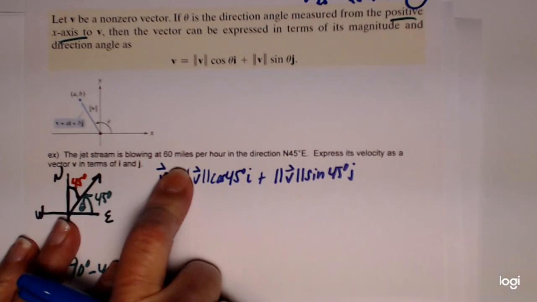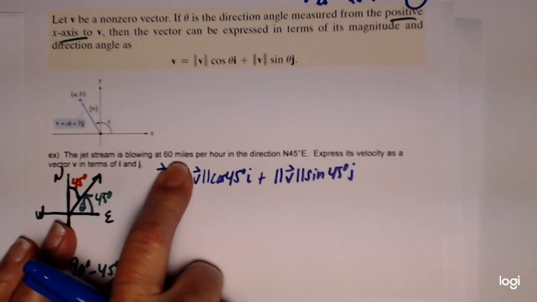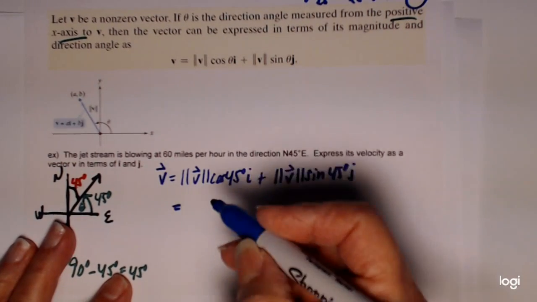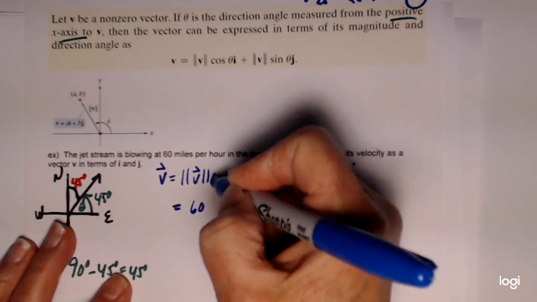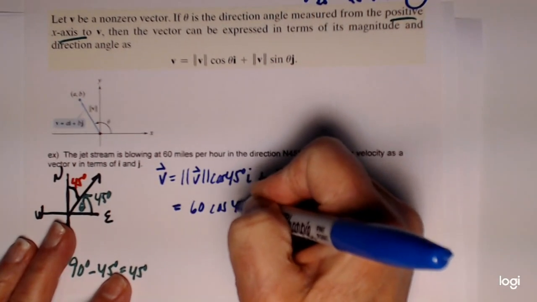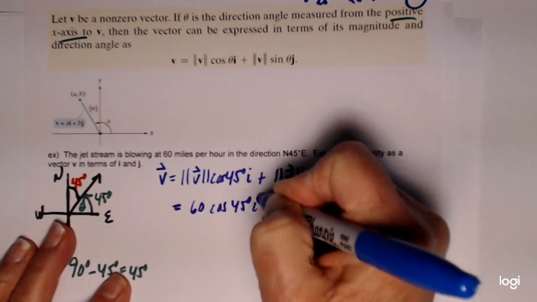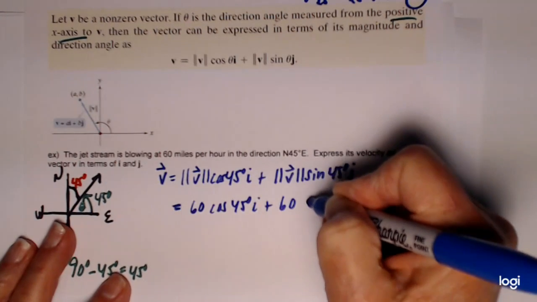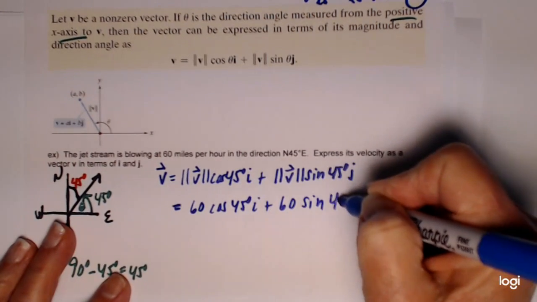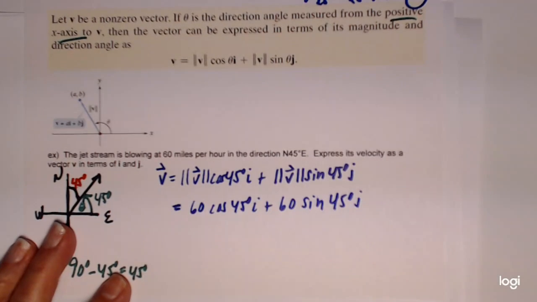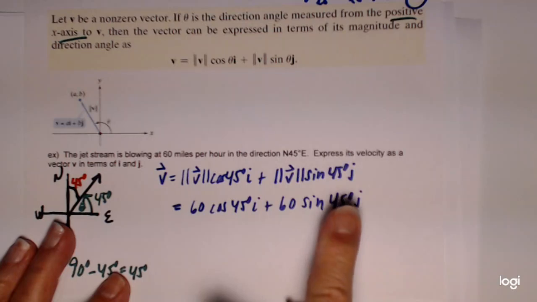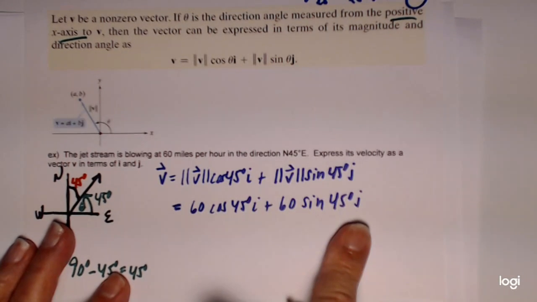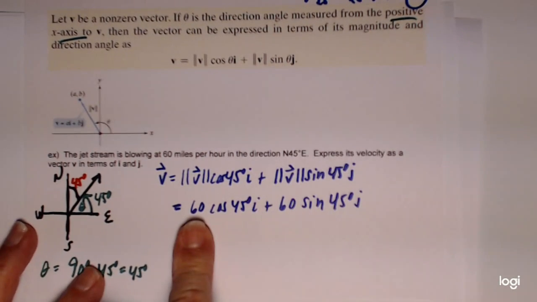That 60 represents the magnitude. So it's going to be 60 for the magnitude, and now 60 cosine 45 degrees i plus 60 sine 45 degrees j. So here is our equation where we have the angle information put in, and the magnitude.